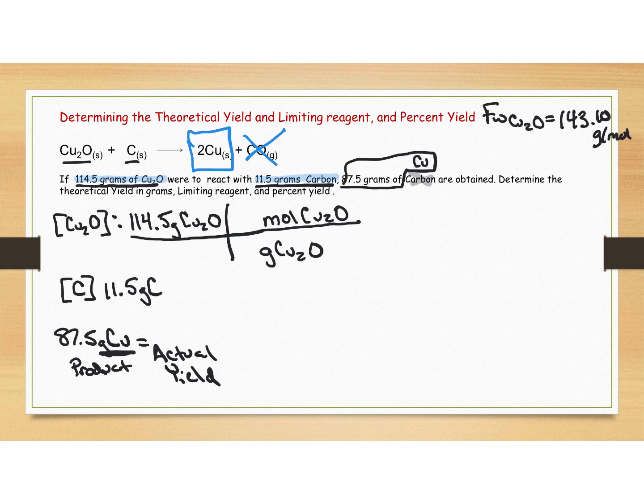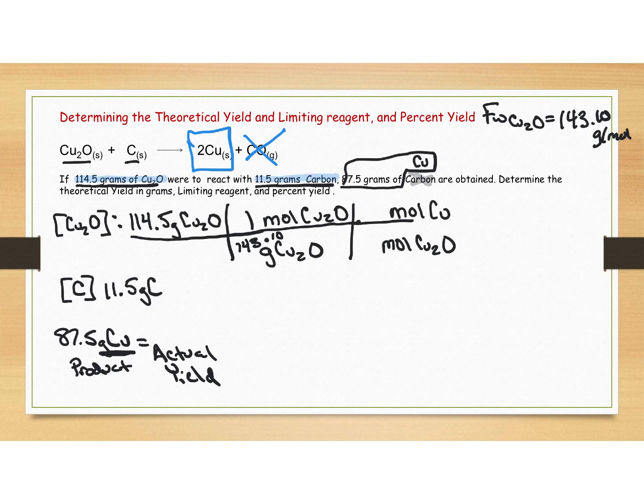Okay, so I'm going to put 1 mole of Cu2O is equal to 143.10 grams of Cu2O.